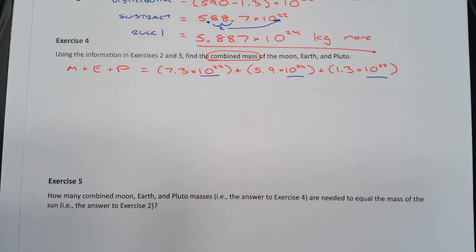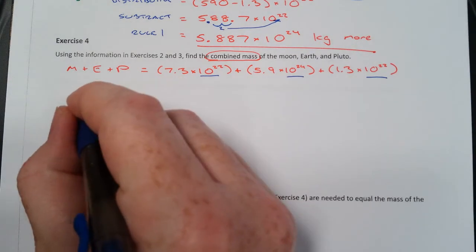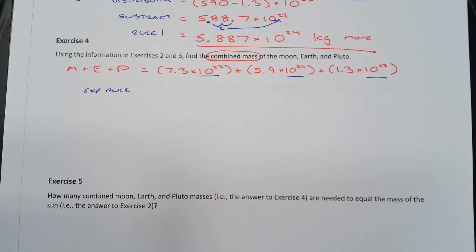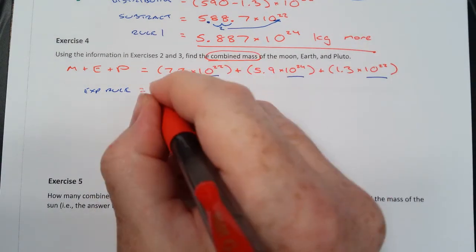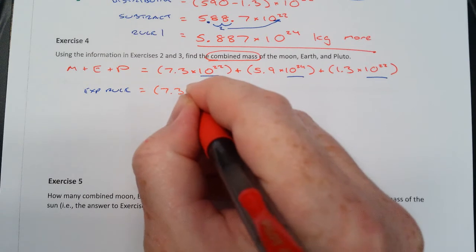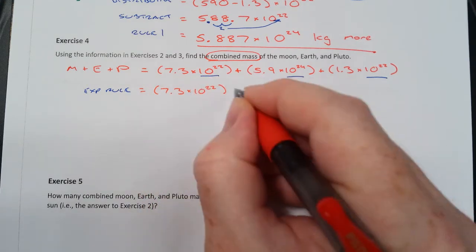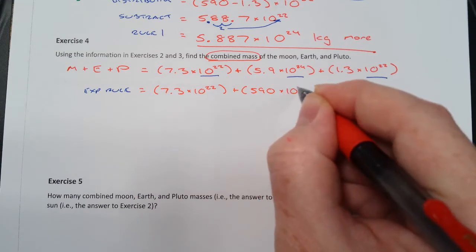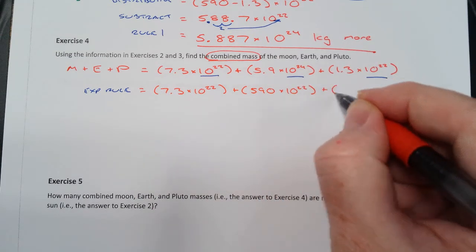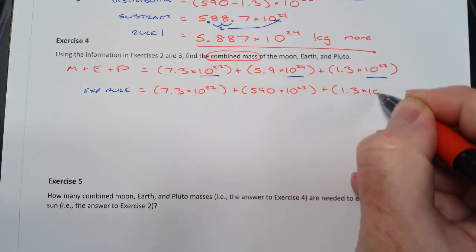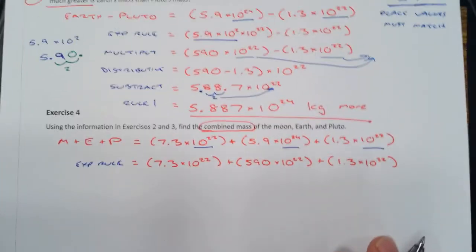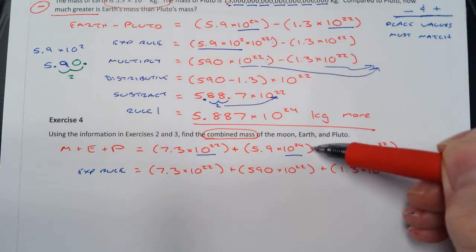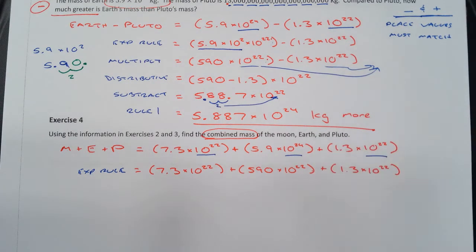Okay, let's check our work. First thing you should have done is use the exponent rule, just like we did in exercise 3, to make all the place values the same. And just like in exercise 3, you should have got that it is this when all the place values are the same. Just there to there is the same as that to that.